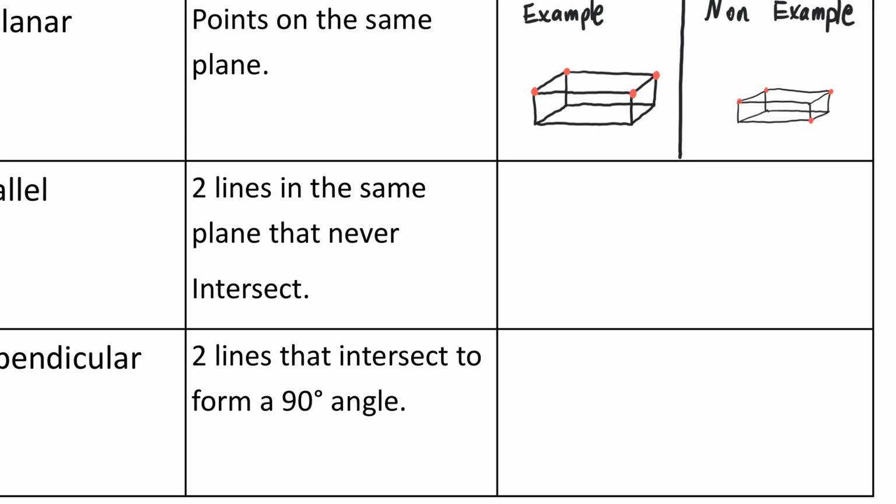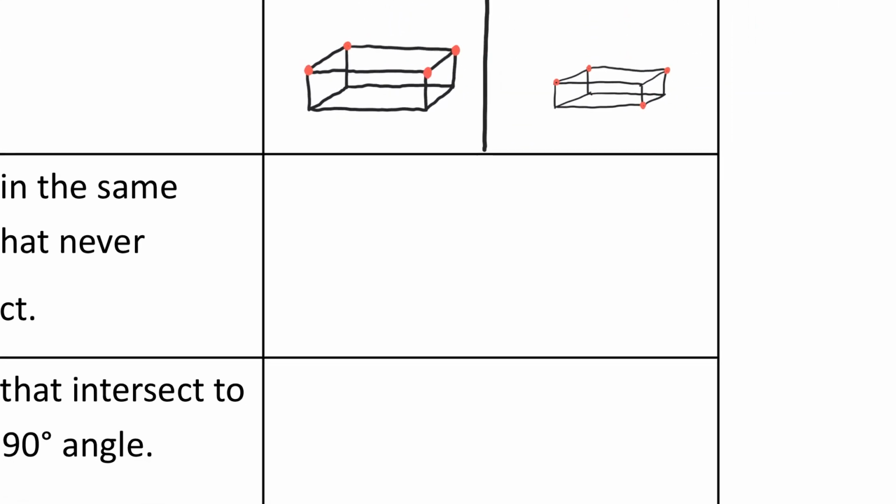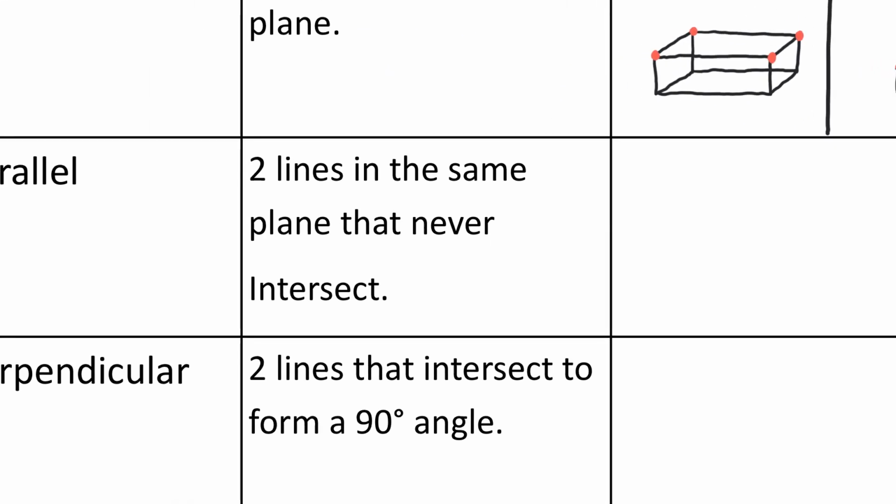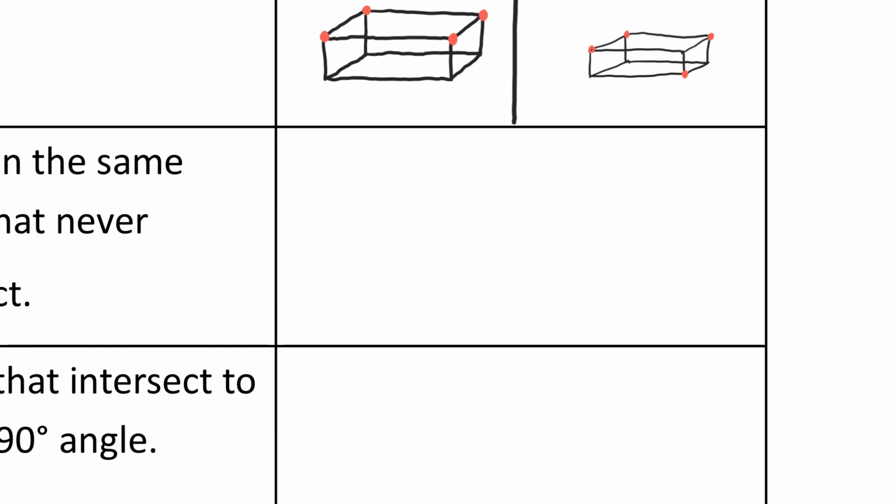All right, next, what does parallel mean? Two lines in the same plane that never intersect. Okay, so what I want to do here is we're going to draw another rectangular prism.